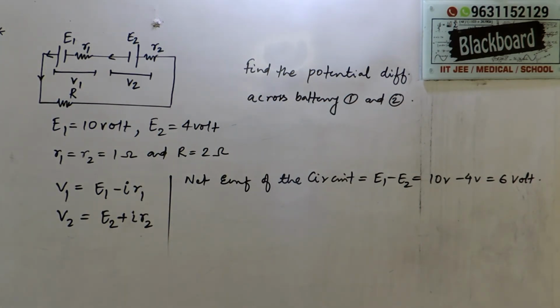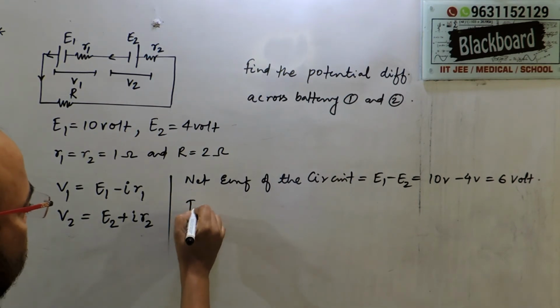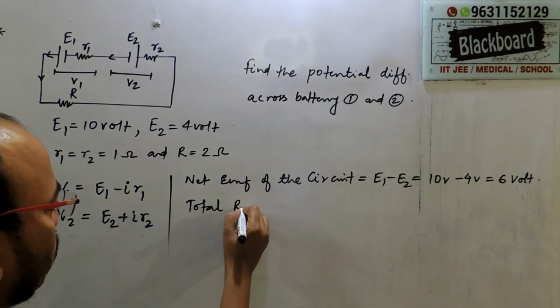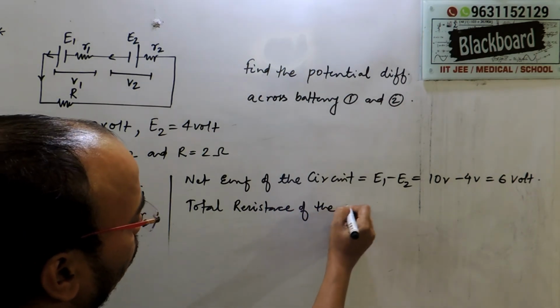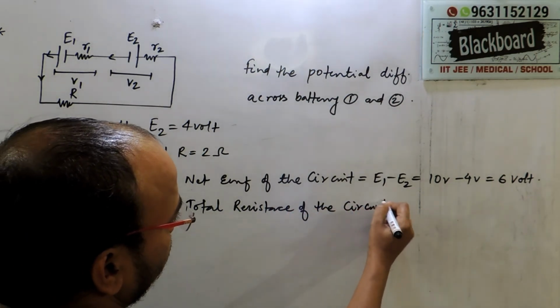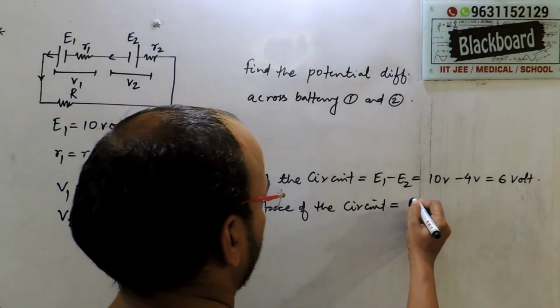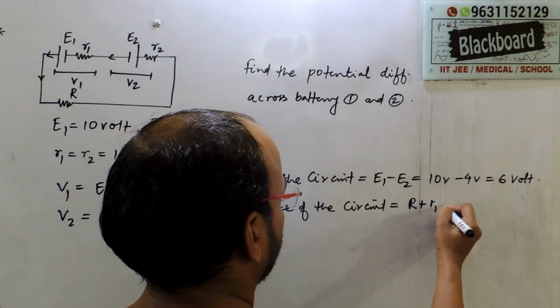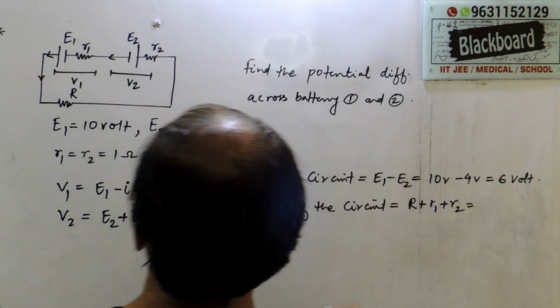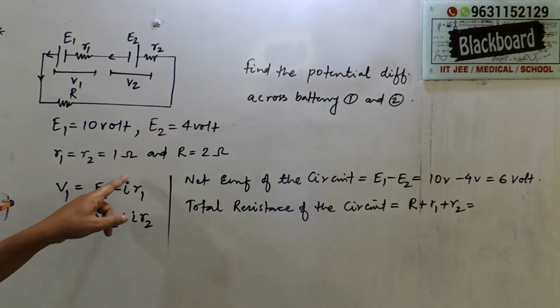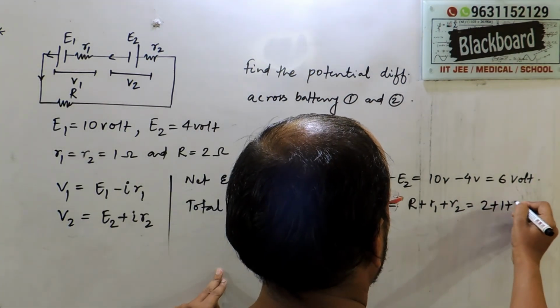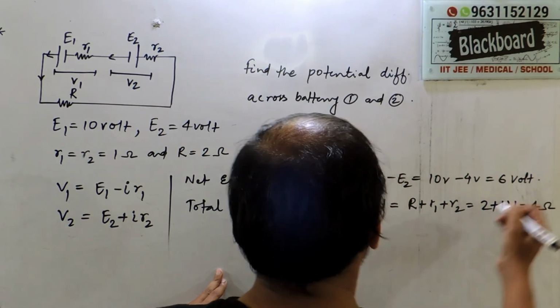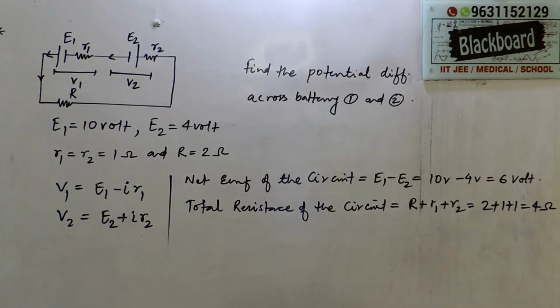And the total resistance of the circuit is R plus R1 plus R2, that means 2 plus 1 plus 1, that means 4 ohm is your resistance.